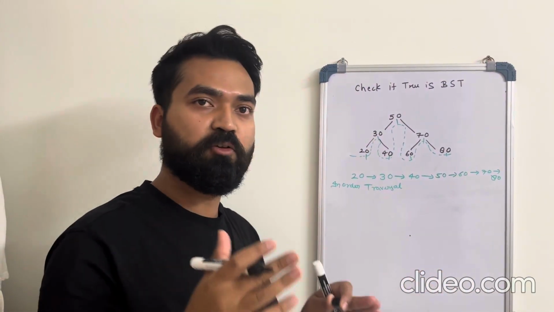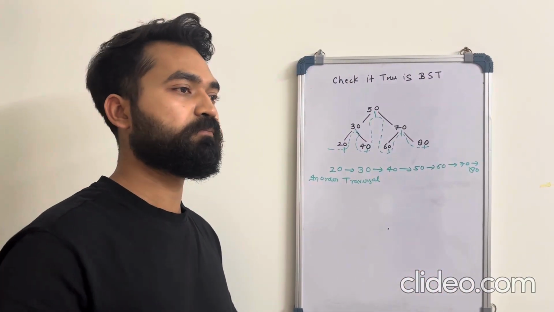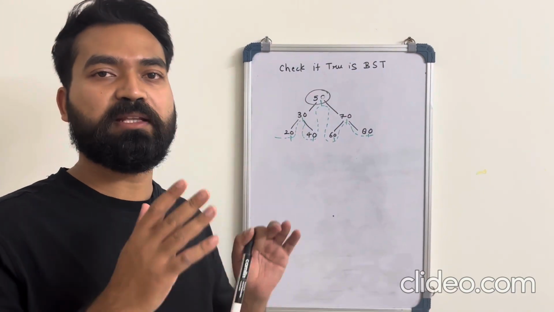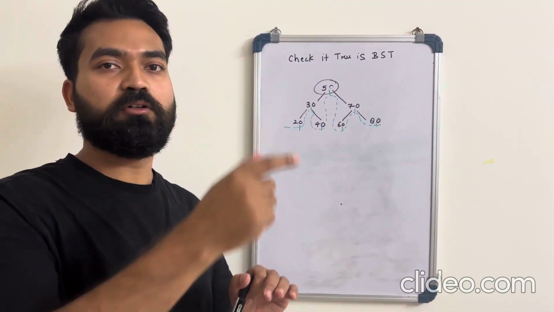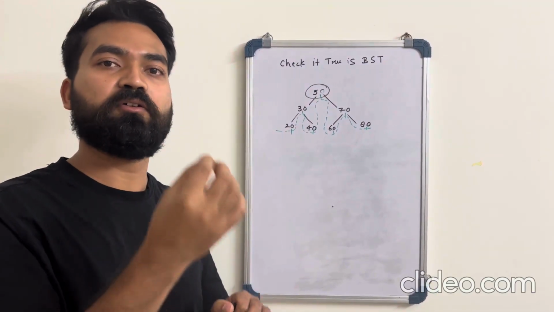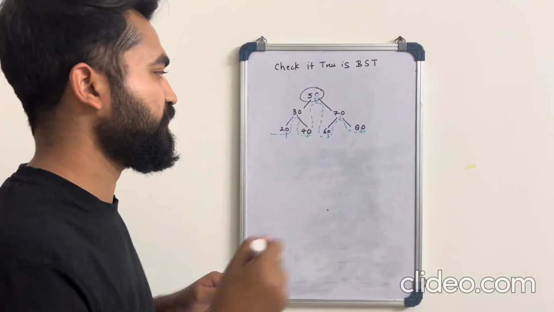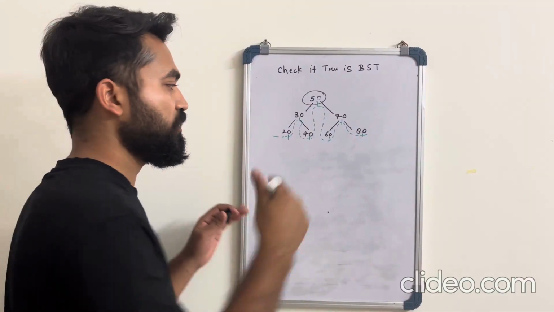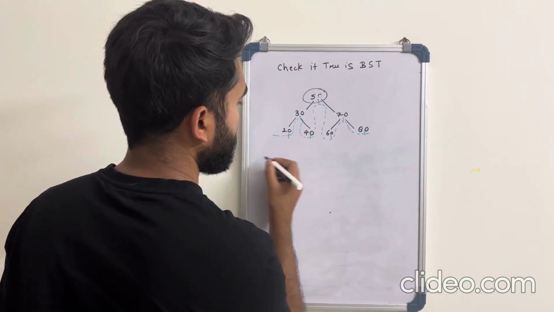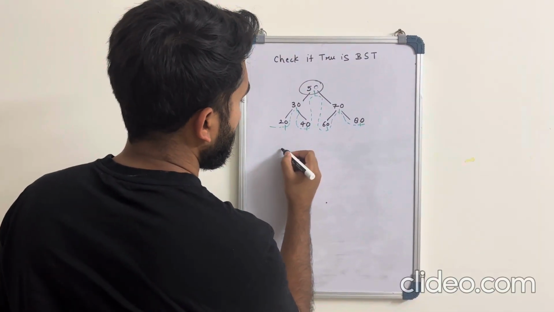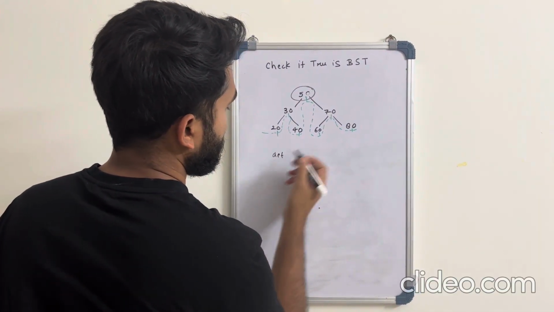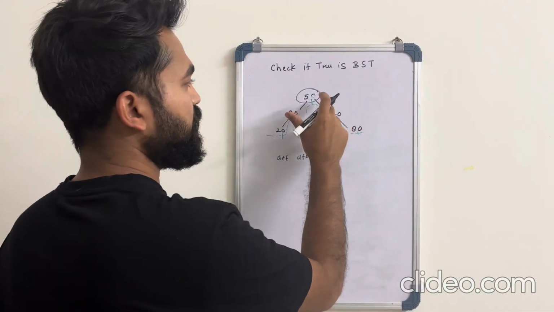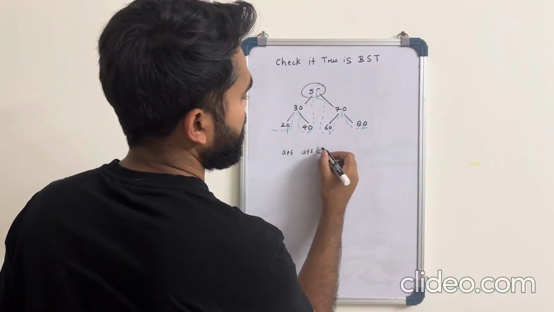So how do we find the in-order traversal? For that we need to perform the depth first search. Our goal is to write a DFS method which will do the depth first search and find out our in-order traversal. So let's define our function. I'm going to write the pseudo code and it can be written in any language. Let's say our function is definition DFS, and it will take the root node of the tree.